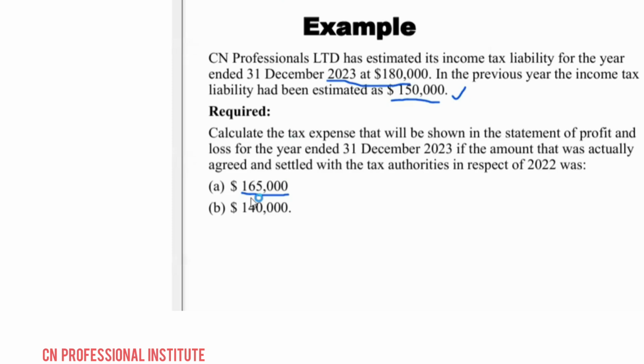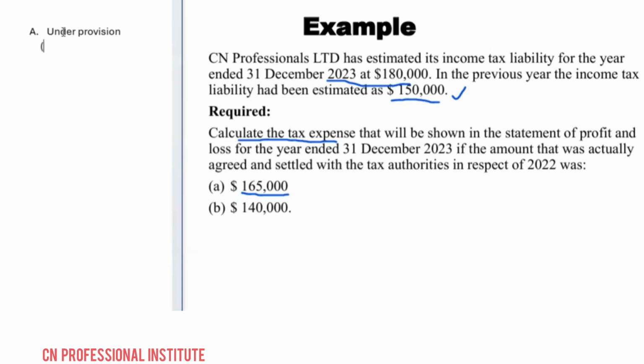The requirement is that we should calculate the income tax expense. Here in this question, we have only two of the elements: the current tax and the over or under provision. Let's start with the first part. Here we said it's under provision. How do we get the under provision?